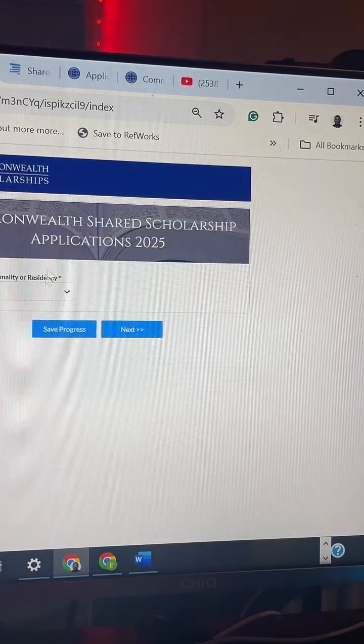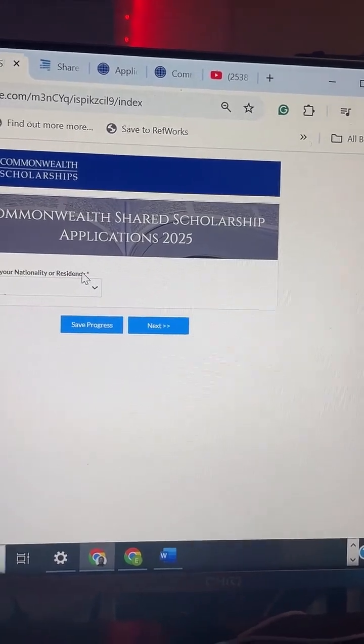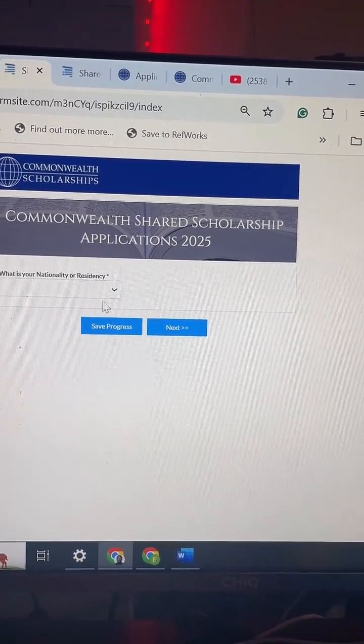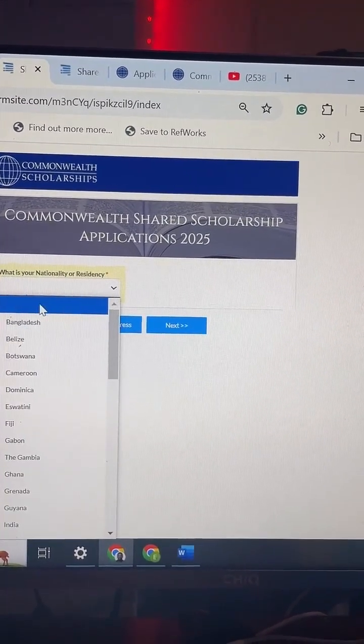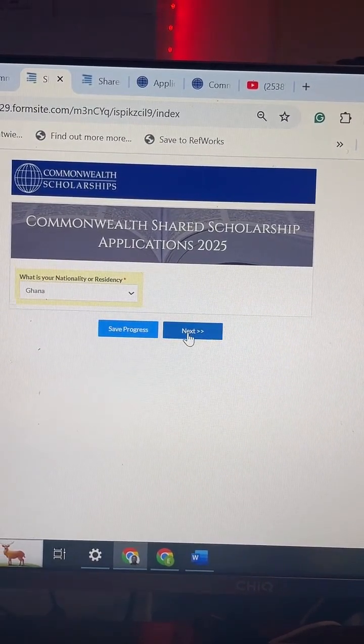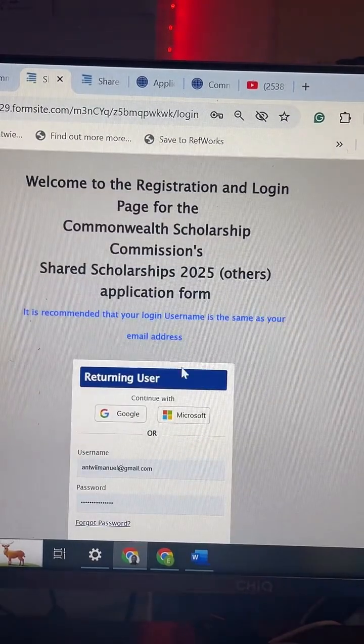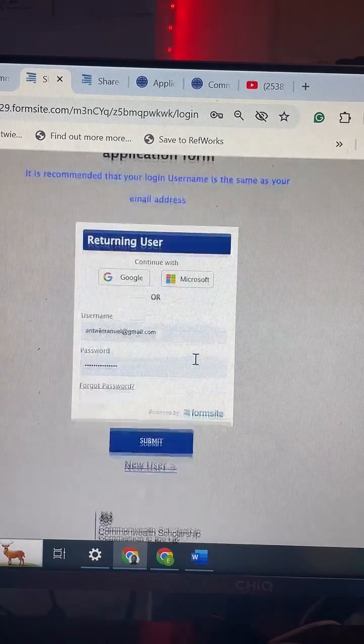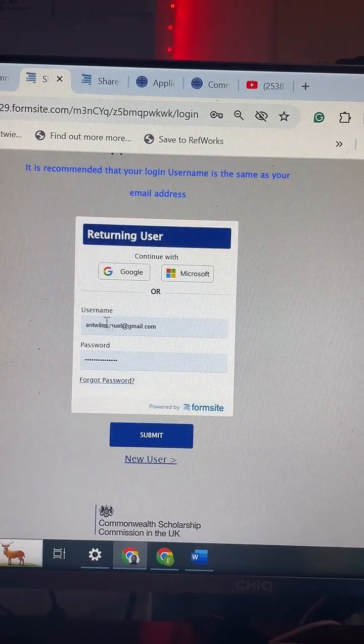And this is where you're going to make the application. It says applications to the CSC must be made using the CSC online application system. Once you click on there, this is what is going to open for you to create an account.